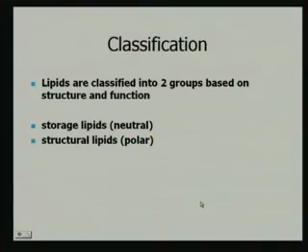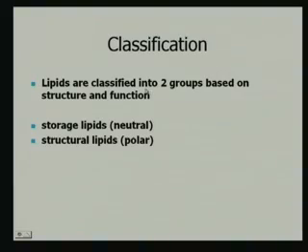Now, this is, as I have already mentioned, the classification based on the backbone structure of the fatty acid. This lipid molecule can also be classified based on its biological structure and function. It can be divided into two parts.